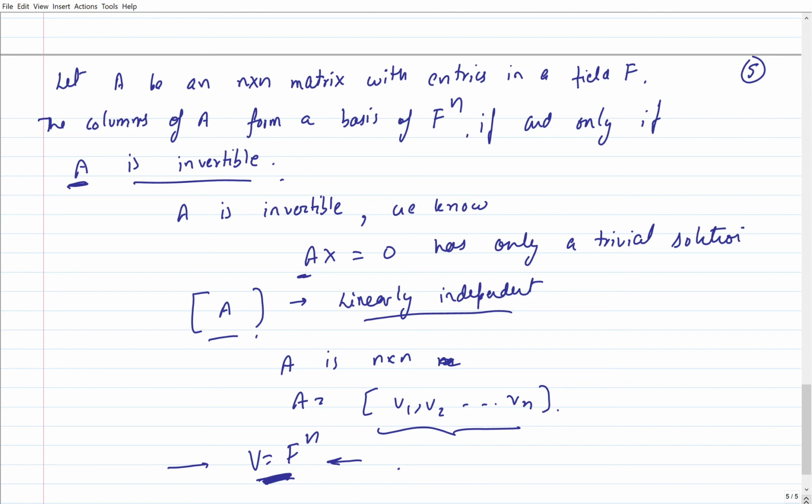Because only if the matrix A is invertible, I can show that the columns of A form a linearly independent set, and that is one of the conditions for it to be a basis, that I need linear independence and something to span the vector space. And I can also prove it the other way around, that if A is invertible, then the columns of A form a basis.